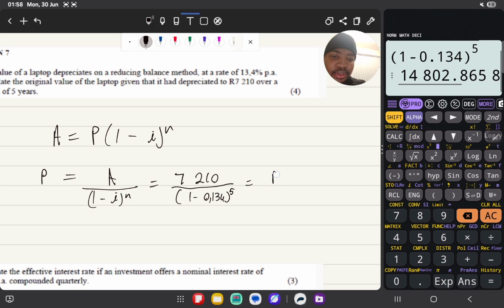So now the value is 14,802.87. That is the value of the laptop, how much it was at the beginning of year 5. And there, my friend, we are done. Jump on to the next question.